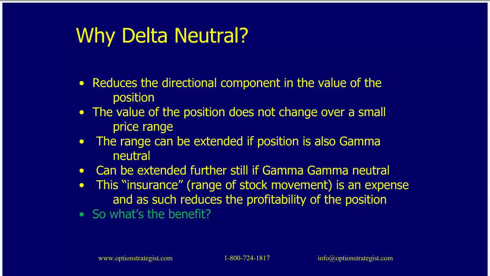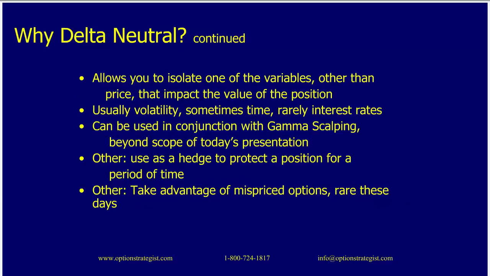Anyway, taking the directional component out of the equation, that's kind of insurance for our position, and that's going to be an expense, and to some degree that's going to reduce the profitability of the position. So what's the benefit? Why do we want to be delta neutral? Well, it allows you to isolate one of the other variables, something other than price, that will impact the value of the position.